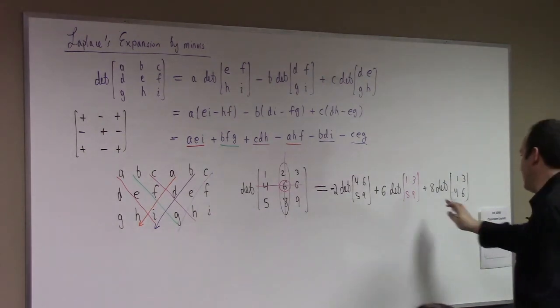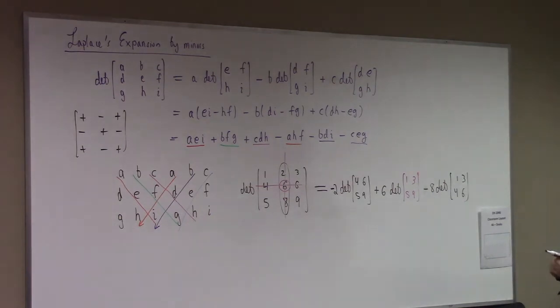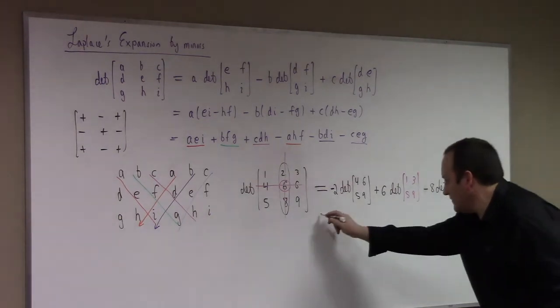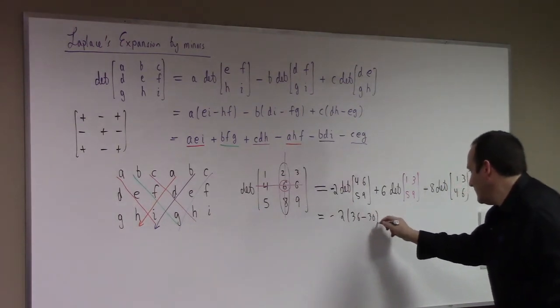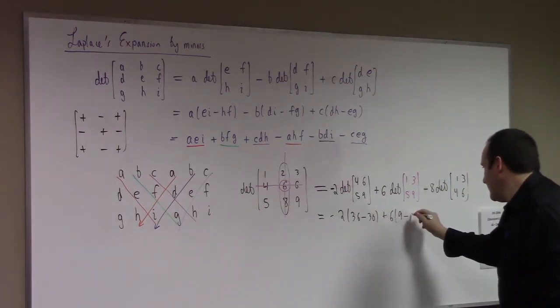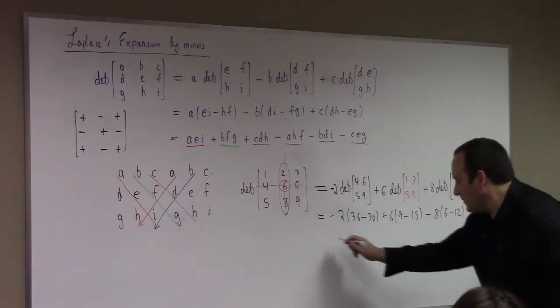Minus, plus, oh yes, thank you, minus. Very good. And so whatever it works out to, you get minus 2 times (36 minus 30), plus 6 times (9 minus 15), minus 8 times (6 minus 12), which is 0.